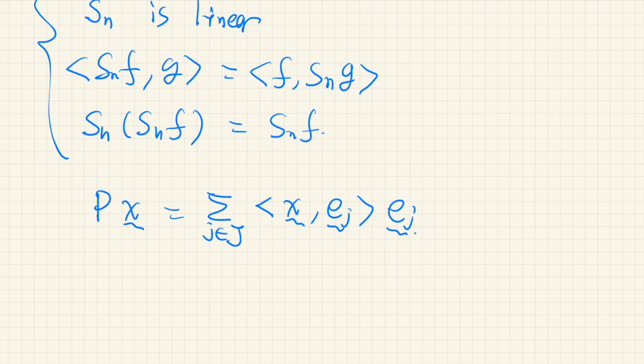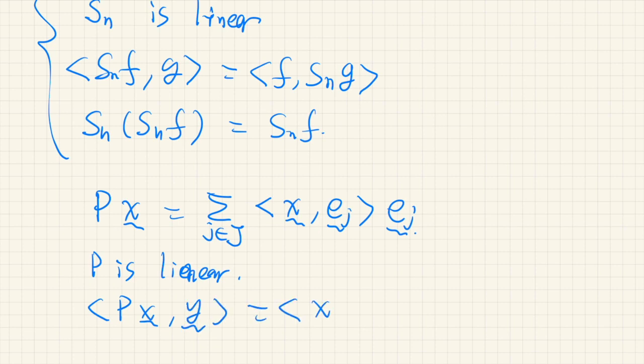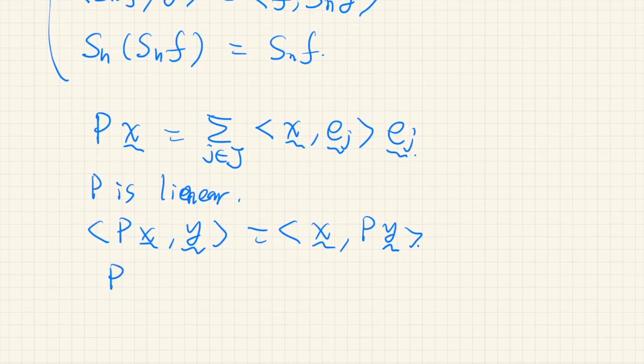So this is a projection operator, and we saw that this P is linear. And if we apply this to x and then take the inner product with y, that was equal to the inner product between x and Py. And we also saw that if we apply the projection operator twice, the effect is the same as applying it only once.